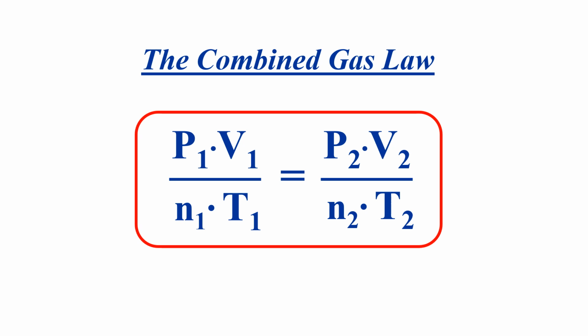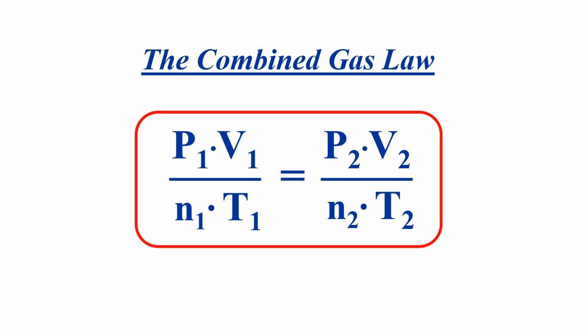Does this also represent that if I keep N and T, the mole numbers and temperature, consistent, then I have P1 V1 equals P2 V2? Yes, it does. Those are Charles's law and Boyle's law, and they're all derived from the ideal gas law. All you have to remember is the ideal gas law.